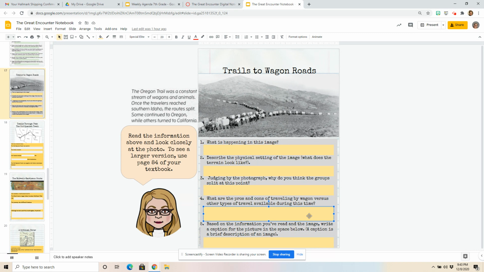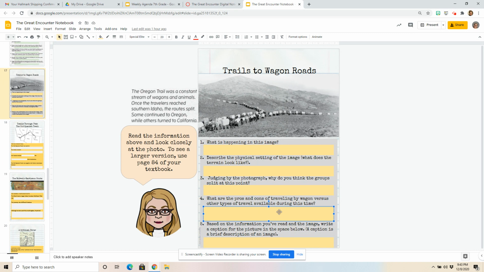At this point, they don't have cars. There are trains, but none that go out west. And other than wagons, they potentially could travel on foot by riding a horse or maybe in a boat.